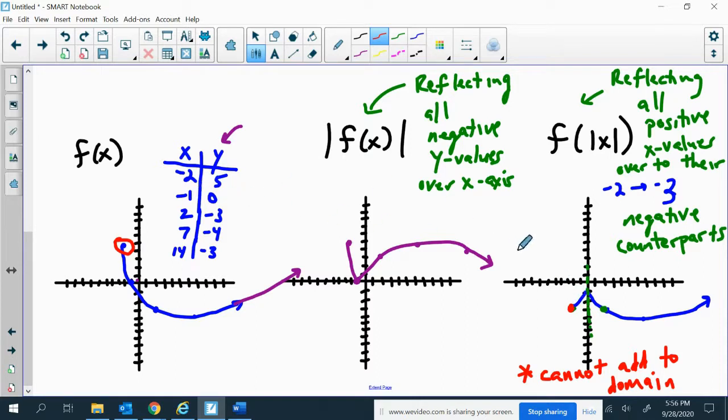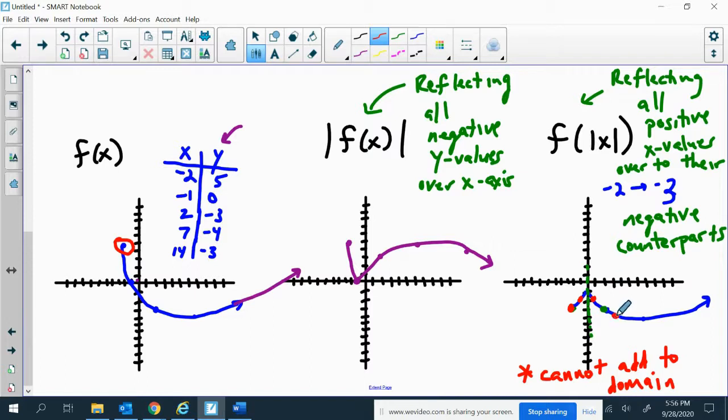So when I had -1, I would have to find the exact y value that's associated with -1, and that mirrors over. But I can't continue that with finding -3's mirror.